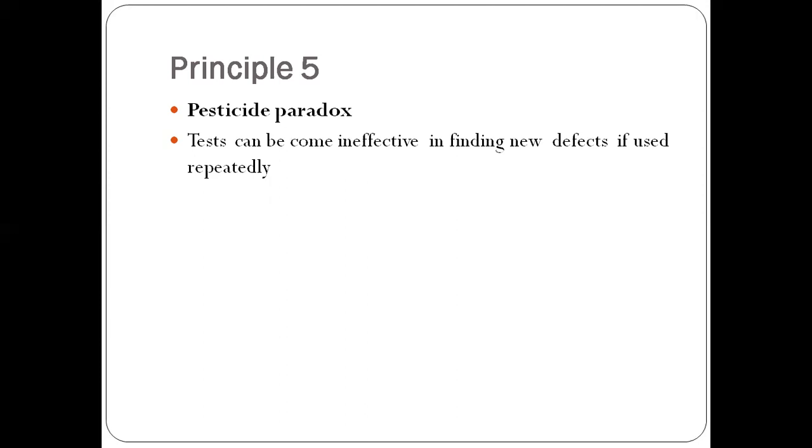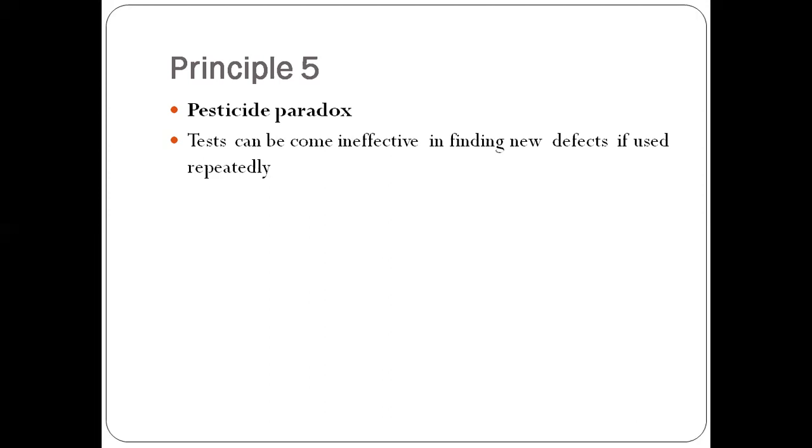So they took that from the agricultural field, where the continuous usage of a particular pesticide becomes ineffective over time. The same thing applies when we use a particular test over and over. After some time, you will not be able to get new defects.